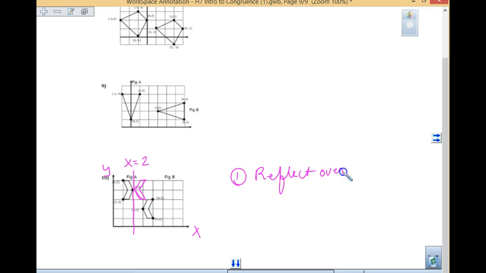We aren't going to say over the y-axis because the y-axis is way over here. We're going to tell it to reflect over x equals 2. That's the line. It's a vertical line, x equals 2. And now I even drew that one where it kind of looks, okay? So now you just have to finish with telling the translation, right? Okay?